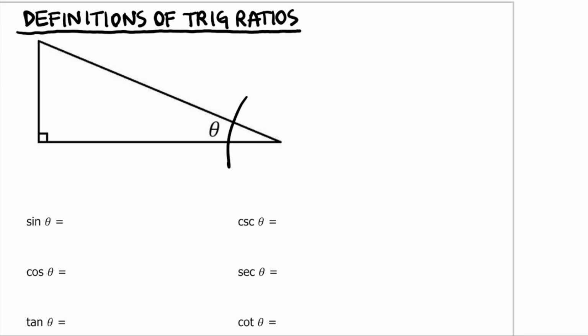The vertical leg, we'll probably call that y. The horizontal leg, we'll call that x. We might call the hypotenuse r. So sine of theta: what you need to remember from geometry is SOHCAHTOA. That's a mnemonic to help us remember the values of sine of an angle, cosine of an angle, and tangent of an angle. If we're talking about this theta right here, we've got the hypotenuse.